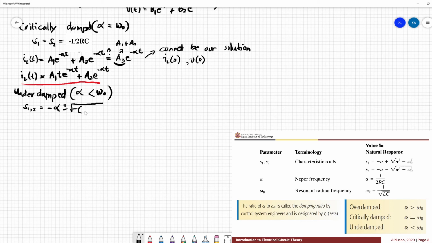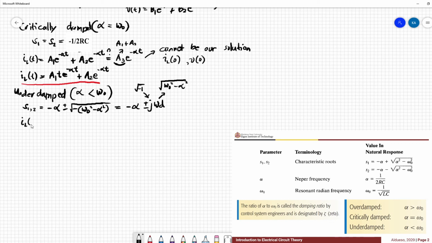We have negative alpha plus or minus the square root of negative omega naught squared minus alpha squared, which is equivalent to negative alpha plus or minus j omega d. You all know j is the square root of negative 1, and omega d is the square root of omega naught squared minus alpha squared.